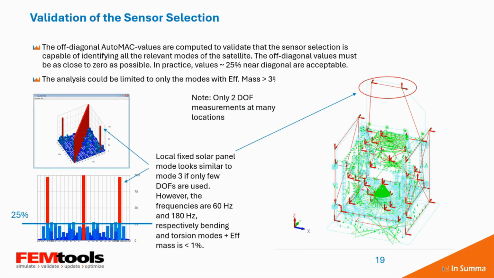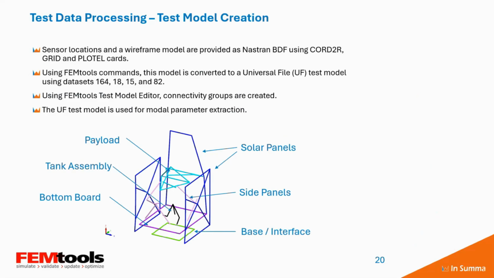The good news is that in this case, the modes are at 60 and 180 Hertz, so very far apart from each other, with the modal effective mass less than 1%. So we can basically neglect them in this case, because in the previous slides we already discussed that we are taking modes with a modal effective mass higher than 3%.